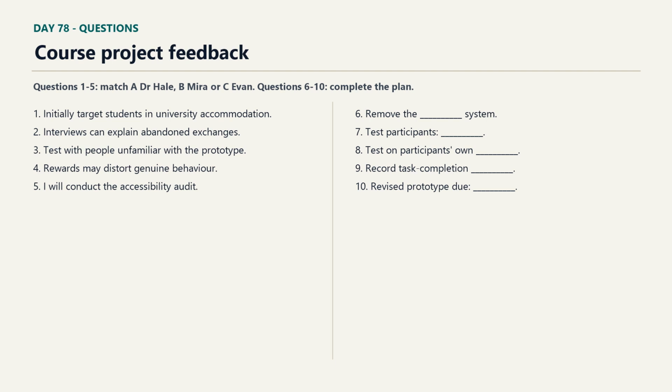Test the core exchange without rewards first. You can evaluate carefully designed incentives in a later study. We should remove points, badges, and the public ranking together so no hidden reward remains. Agreed. Describe that as a scope decision, not as proof that every incentive is harmful.